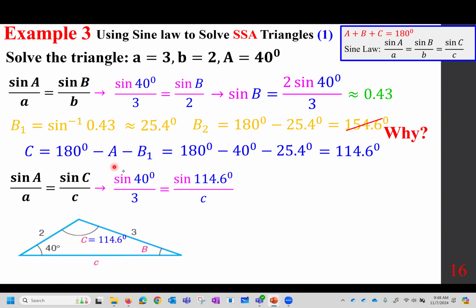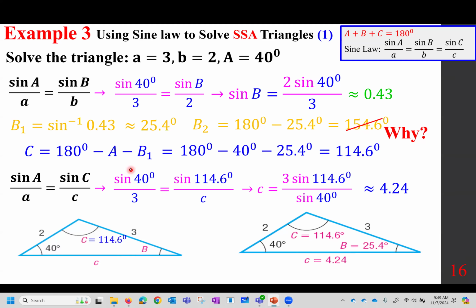The cross product means the c is the product of these two divided by sine 40. You put that into a calculator and it becomes 4.24.